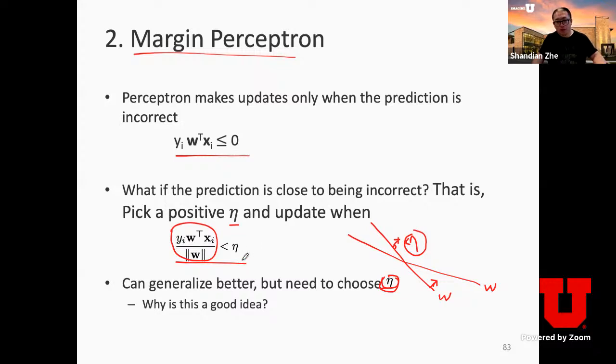So a good practice is to set eta to be 0 at first, so that it reduces to the standard perceptron, and then you increase eta until at some point it can no longer converge within the designated number of epochs. You pick the largest margin eta you have tried that still converges.